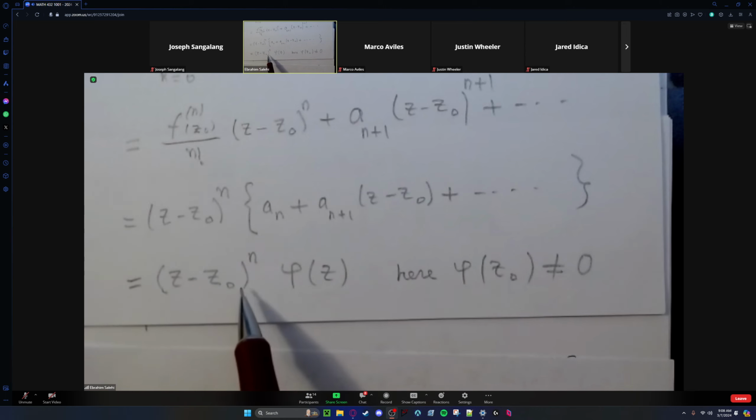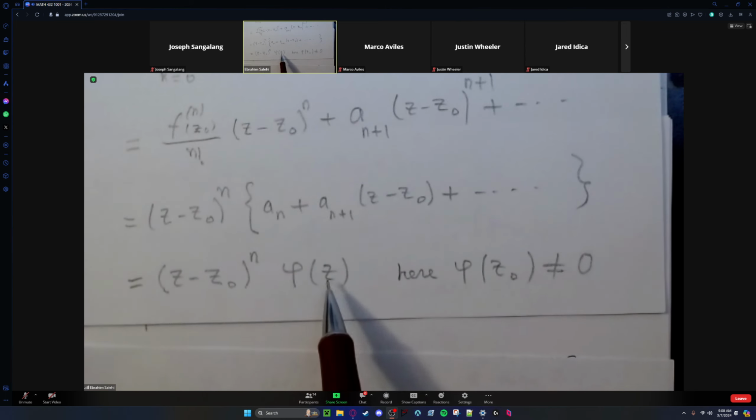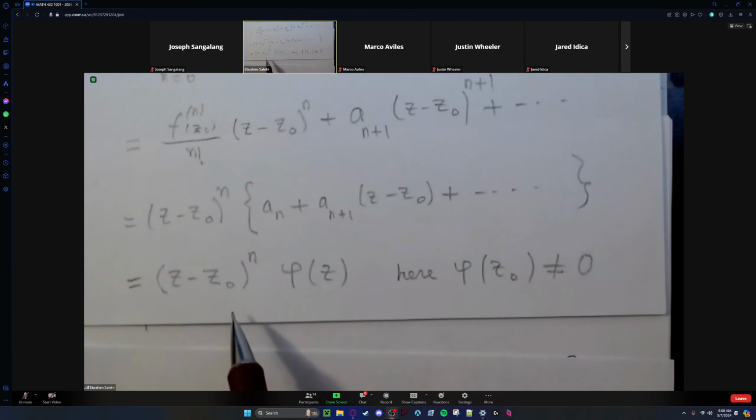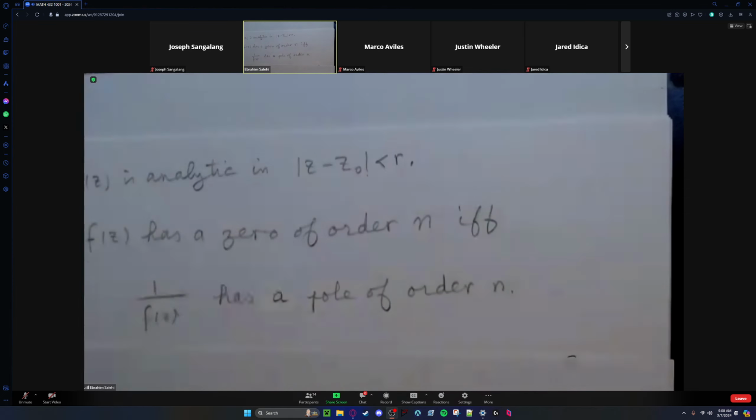This becomes the denominator, and this part is analytic, we don't have a problem with that. But if you take the reciprocal, z naught will be a pole of order n.